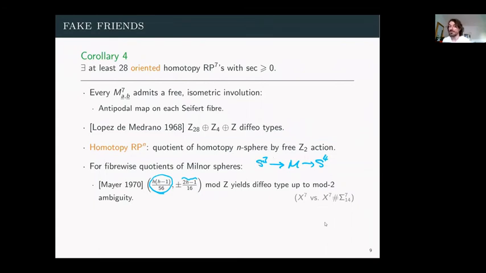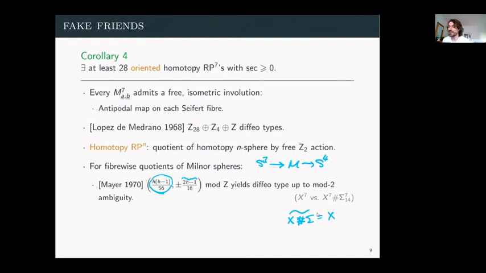And the mod 2 ambiguity is, well, imagine X is one possibility for your quotient. The other possibility is a connected sum with an exotic sphere of order 2. And how do you see that? Well, imagine you have your connected sum with sigma, take its universal cover. What do you get?